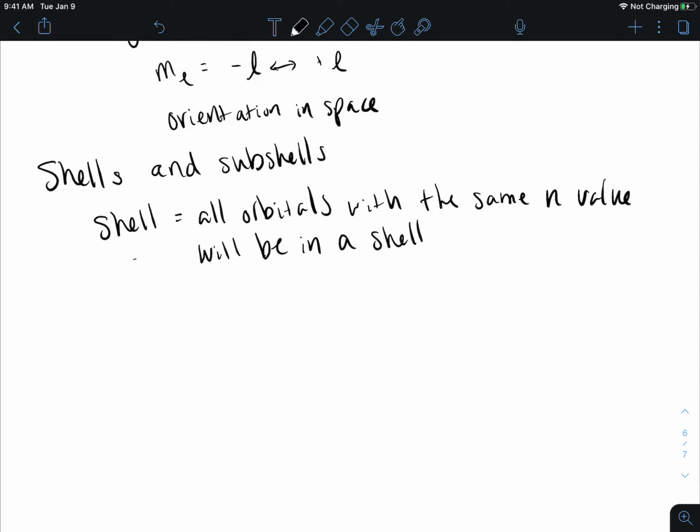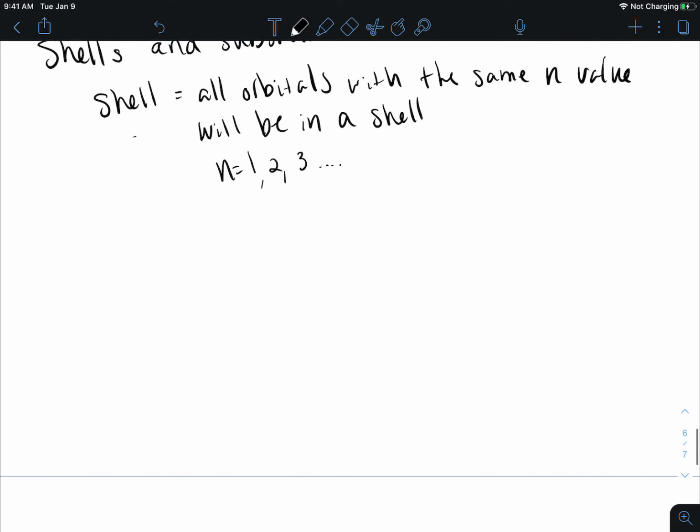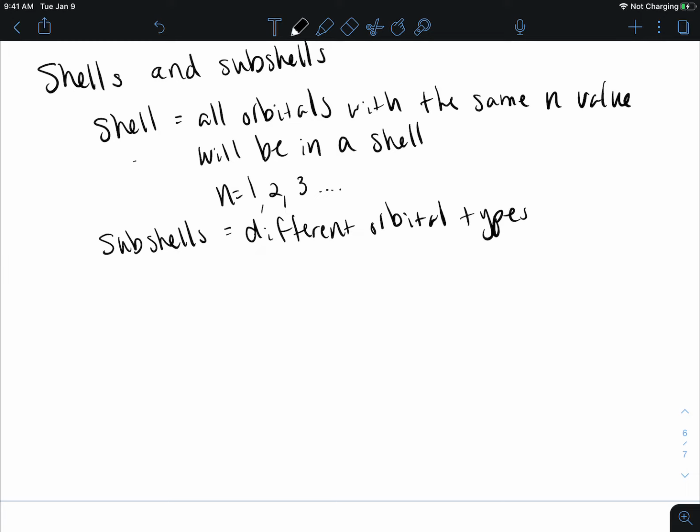And the shell is described by that n value. So n equals 1, 2, 3, so on and so forth. And then within each shell, we're going to have subshells, which are described by different orbital types. So these are our different orbital types within a shell.